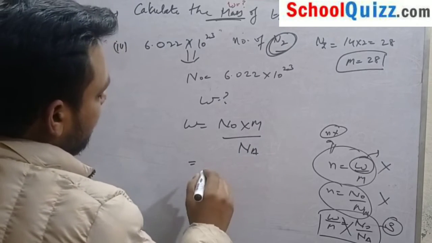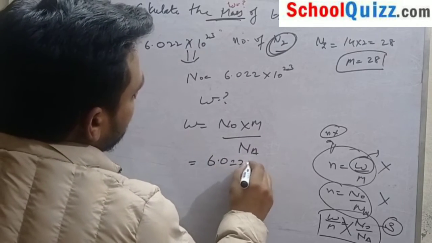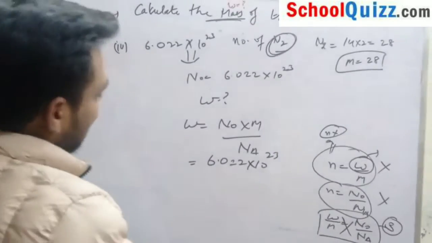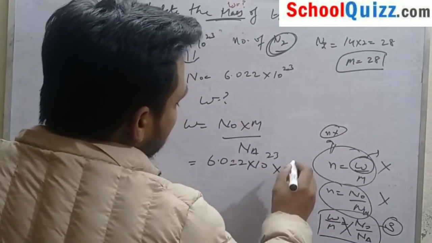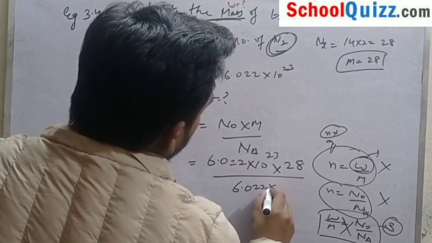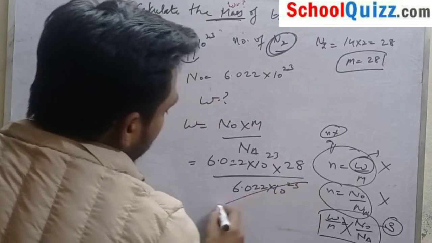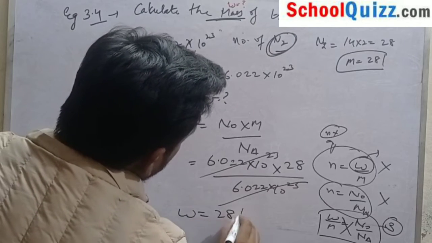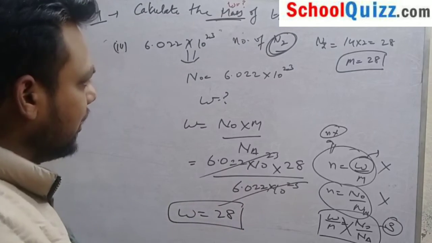So N naught is 6.022 into 10 is power 23, M is 28, and Na is 6.022 into 10 is power 23. Just cancel it out and the answer comes out to be 28. Weight comes out to be 28.